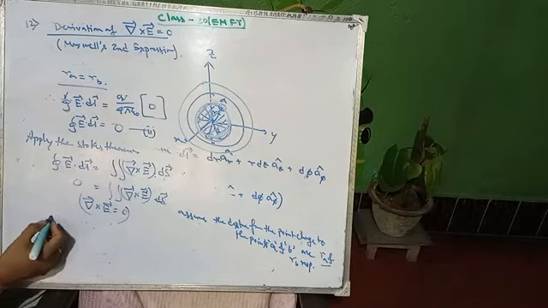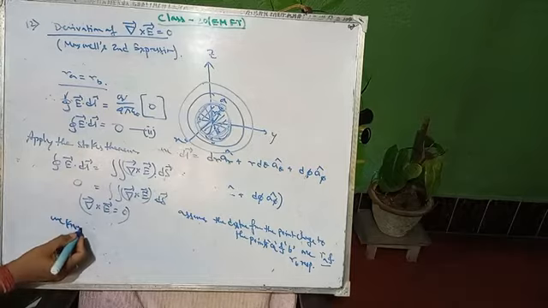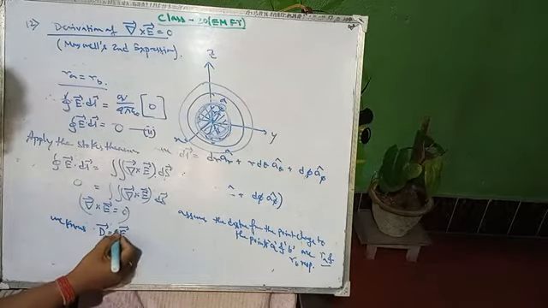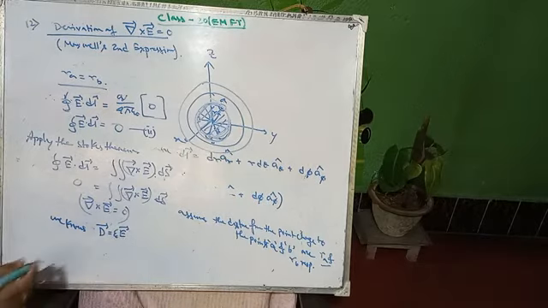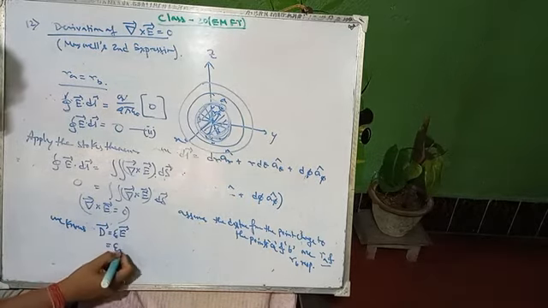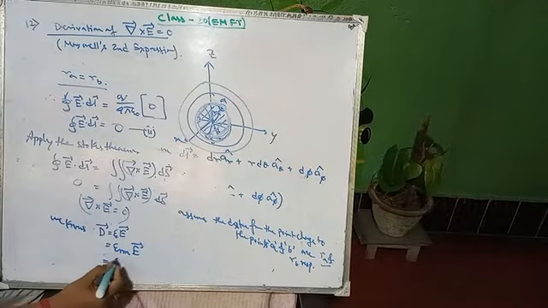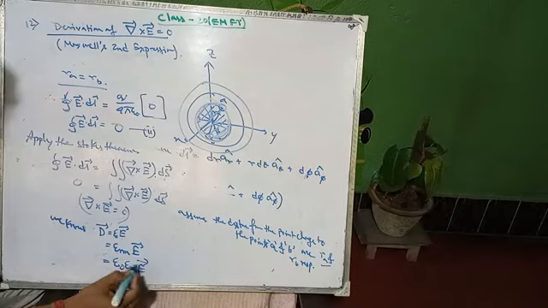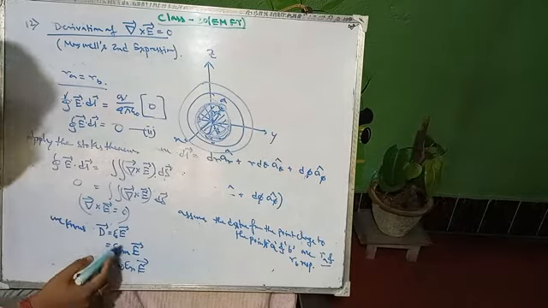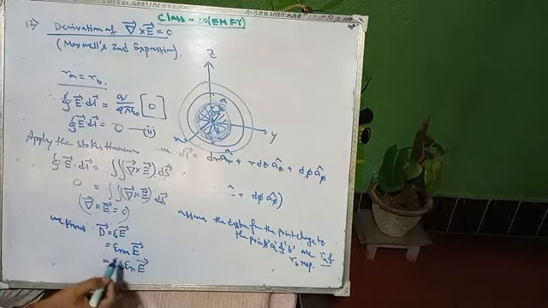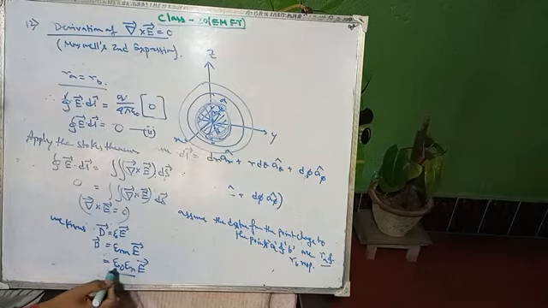Now, we know D equals epsilon naught into E for air medium, and epsilon m into E for any other medium. Epsilon m means the absolute permittivity of any medium other than air or vacuum, and epsilon m can be written as epsilon naught into epsilon r.